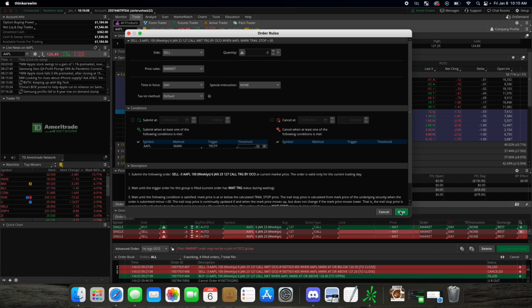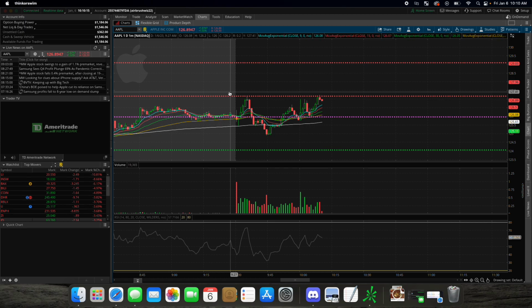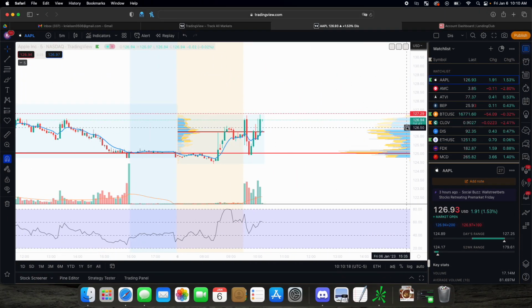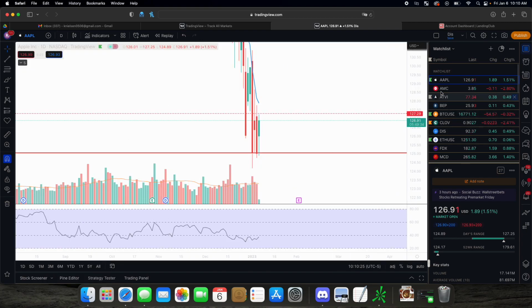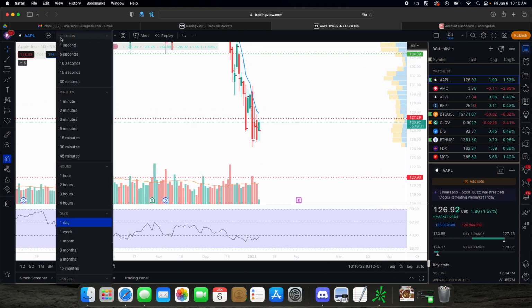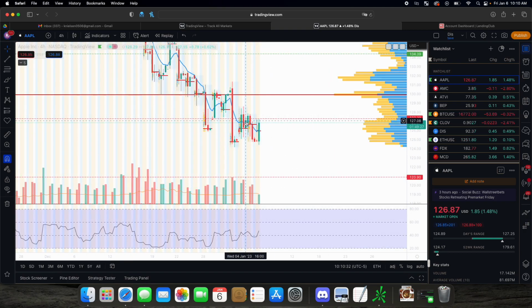But we also have a trail stop because this morning, for example, let me share it with you. This morning, for example, on TradingView, I note that 127.29 is a pretty significant resistance for Apple. We've seen it happen for the past couple days where it hits it, it goes a little bit above, goes below, goes above, goes below. So I just identified that as a kind of short-term resistance.